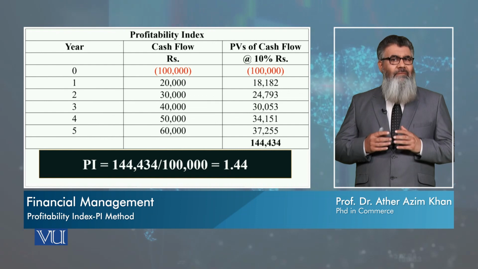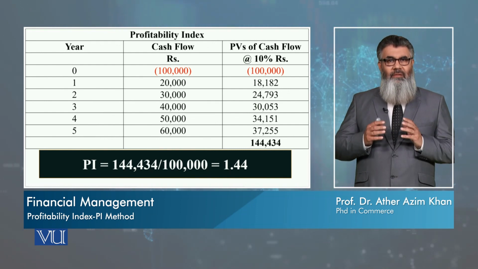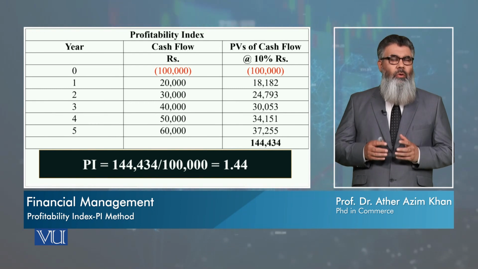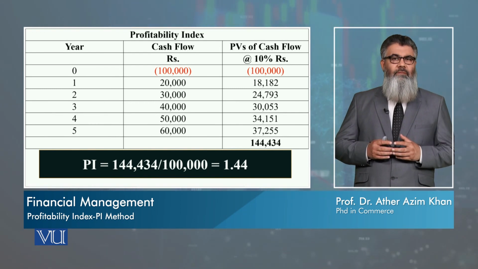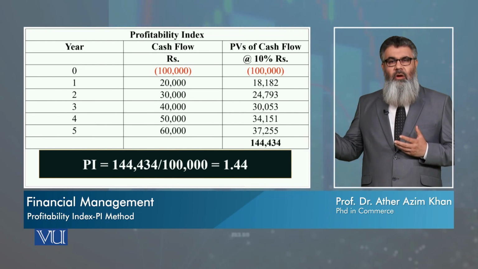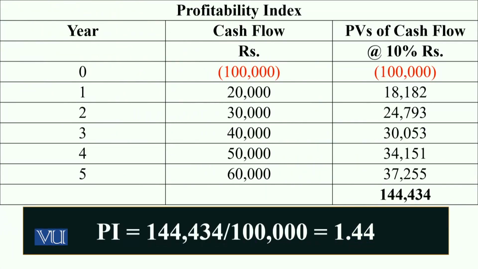But whatever is the rate, once the rate is given to us, we have to discount all these cash inflows using that discounting rate. In this case, we have got 10% discounting rate, and with 10%, the present values are 18, 24, 30, 34, and 37,000 from year 1 till 5.